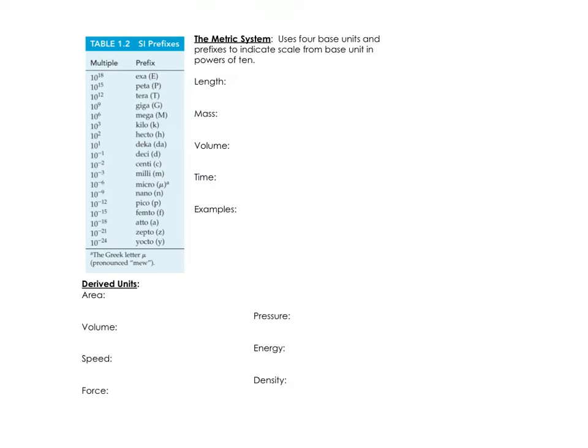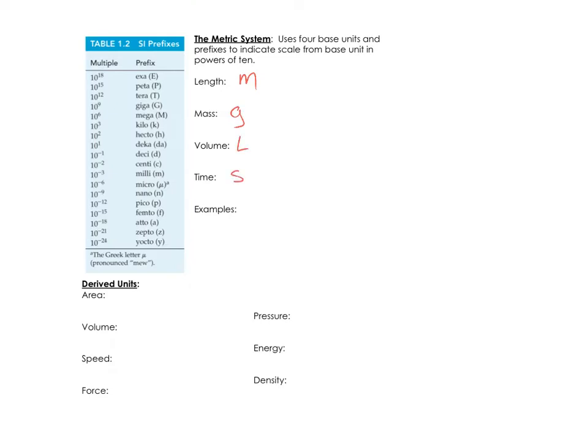So in order to scale up and down, because saying that I'm going to drive to work and it's going to be 40,000 meters, that's a lot. Instead, we scale things up and scale things down using prefixes. The way that we do that is we use a base unit. For length, it's a meter. For mass, it's a gram. For volume, it's a liter. And for time, it's a second.